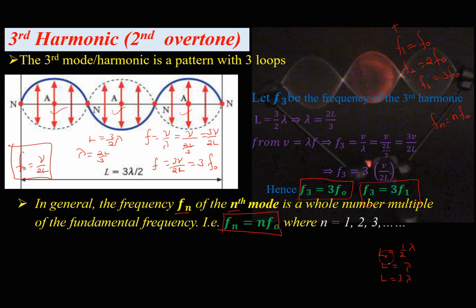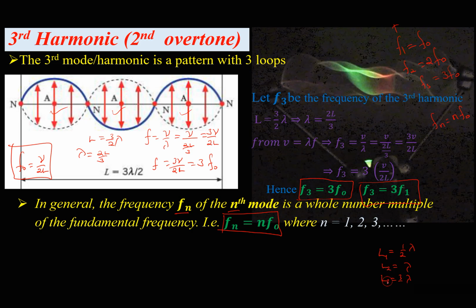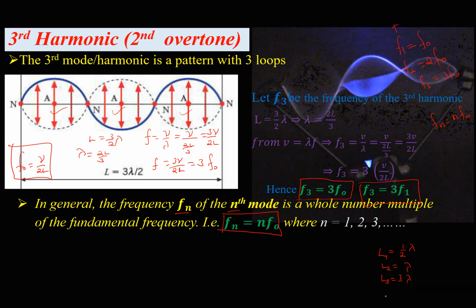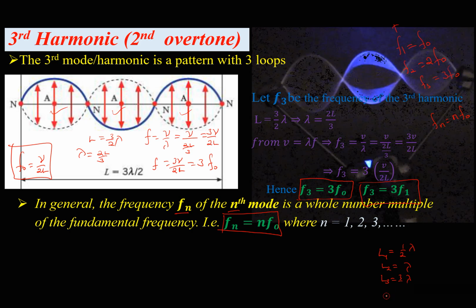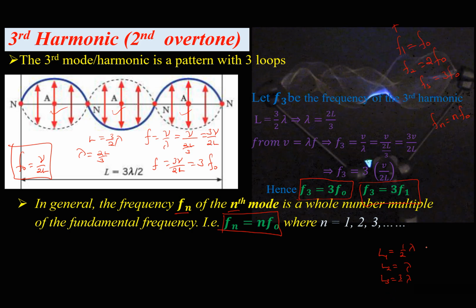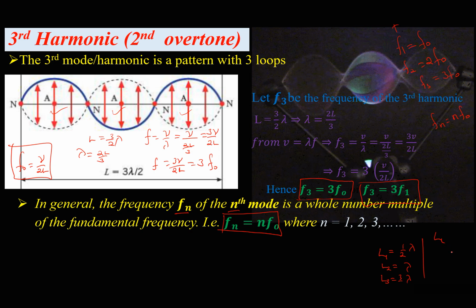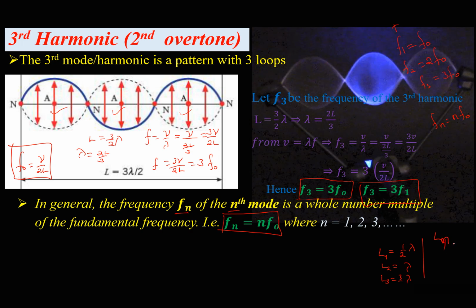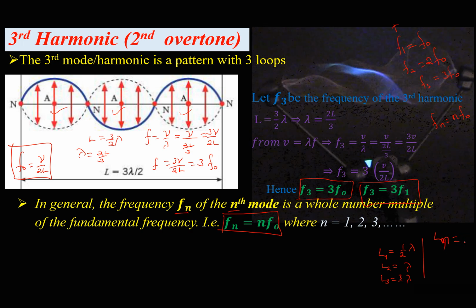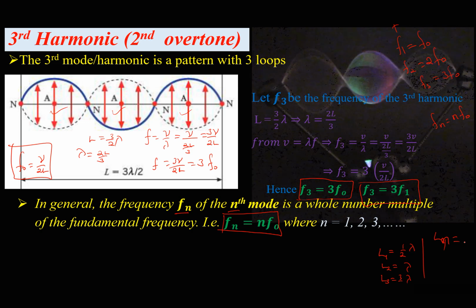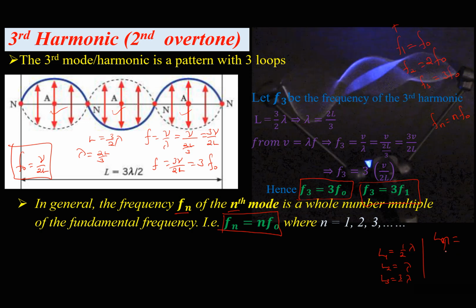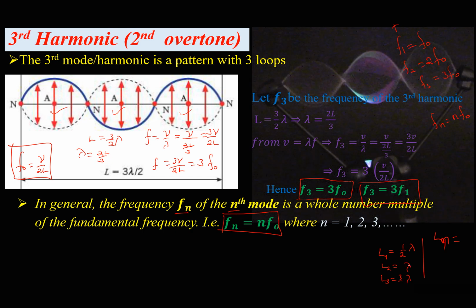So this was L1, L2, L3. So what is L4 going to be? So L4 or Ln is going to be equal to, for the nth harmonic, the length is going to be related to, what is the relationship here?